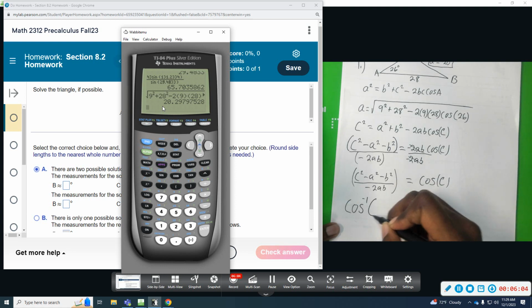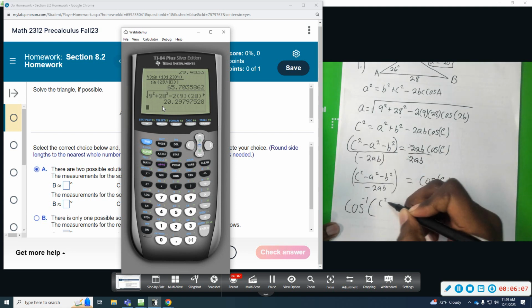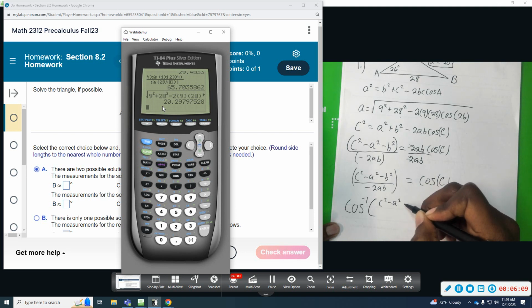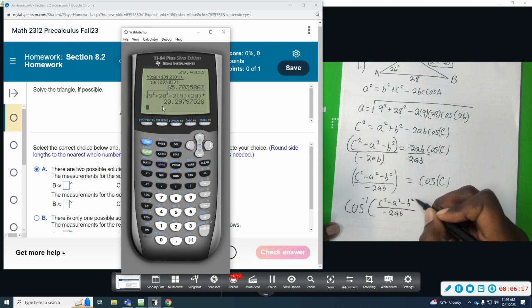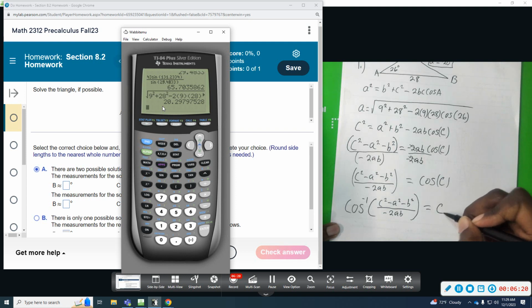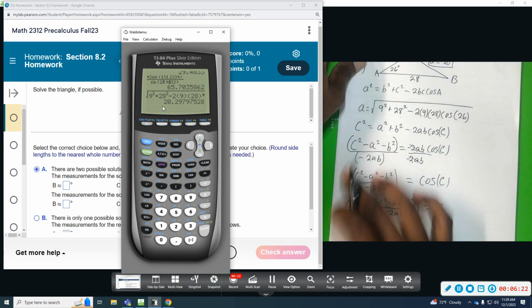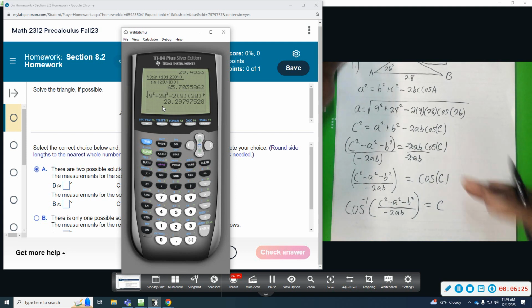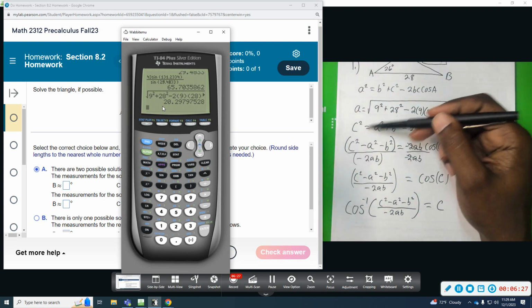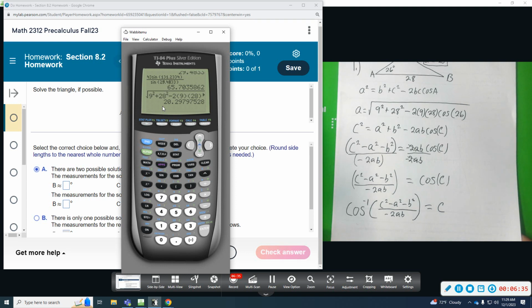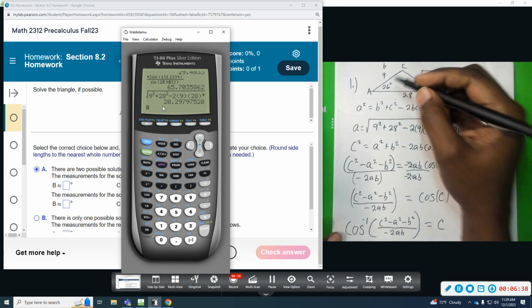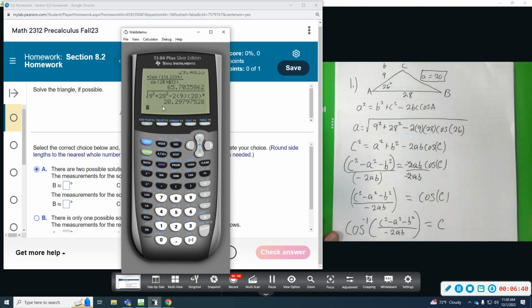That's the inverse cosine of this argument, C squared minus A squared minus B squared, all divided by negative 2AB. That will equal angle C. Okay, so all this stuff that we just did is just the algebra of it. So we got the formula from the trig. All of this is algebra, just rewriting the function, and that will give me C. And then once I have C, then I will have two of the angles, and I'll just use the sum of 180 to get the missing angle.